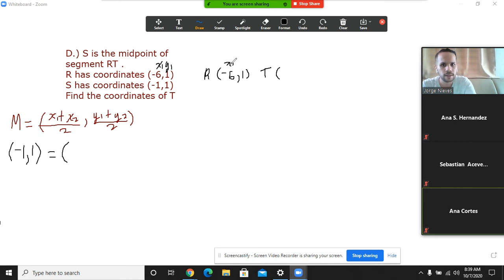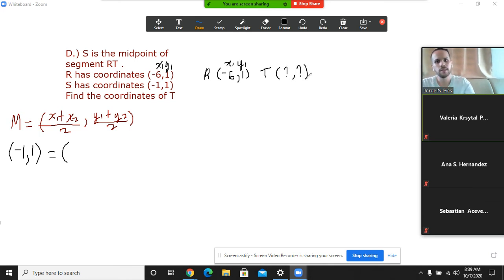What is the question the problem is asking us? Exacto, esa es la pregunta, mi gente. That's where we're going to. Okay, so let's do it. Okay, y estas serían x2 and y2. We don't have that information. We are looking for it. Okay, so we gotta do the problem.